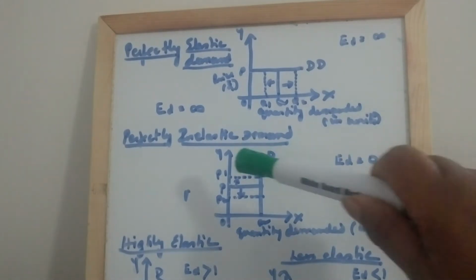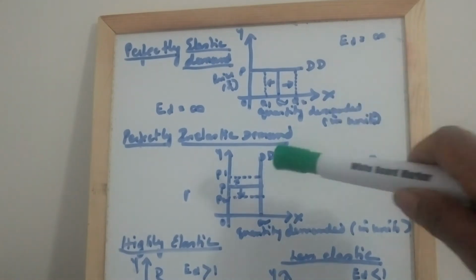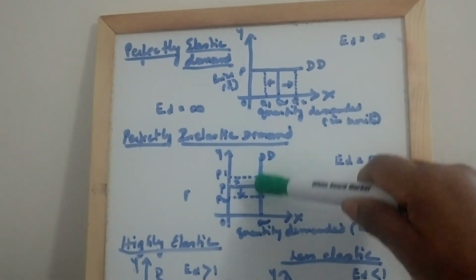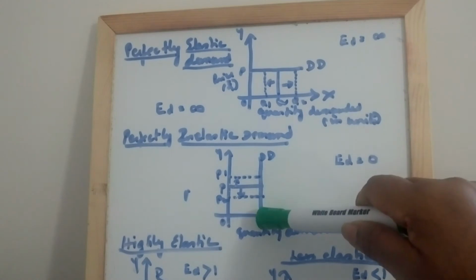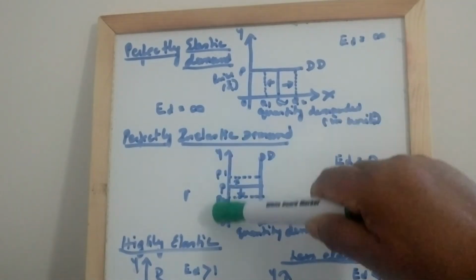So that means it is inelastic. The demand curve DD remains a vertical straight line, parallel to the y-axis.